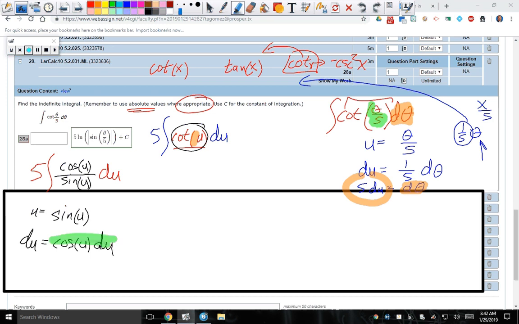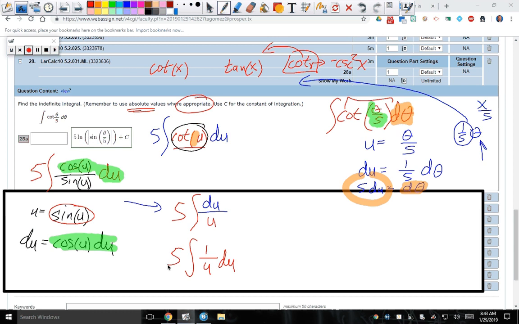Now watch. All of this is right here that just got picked up. So when I rewrite it, it's going to be du on top over my u assignment of sine, and what's out in front? The 5. And some of you may write it like this, and some of you may write it to where you have 1 over u du with the 5.